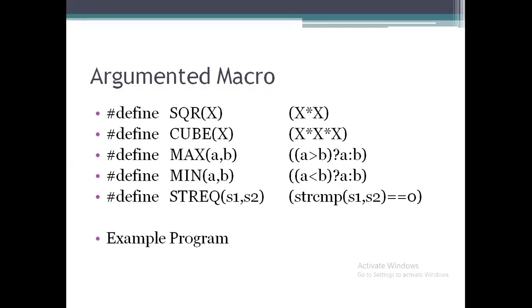Next, we can define some bigger macros also. Maximum of a comma b. We have to find the maximum of a comma b, and the minimum of a comma b.